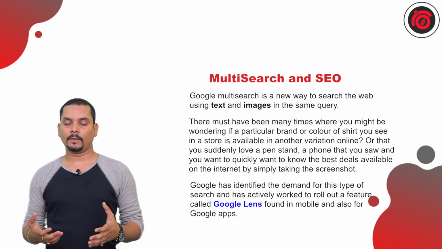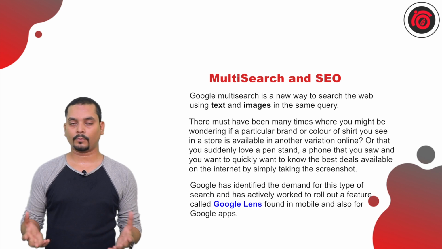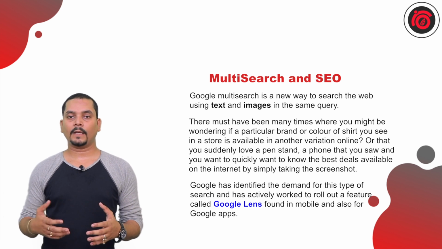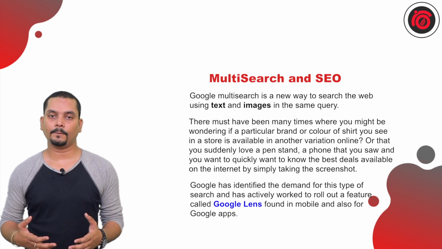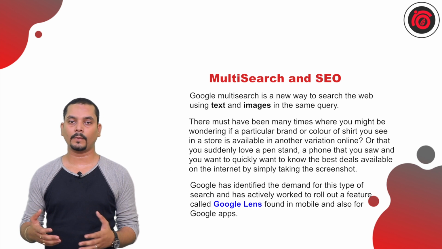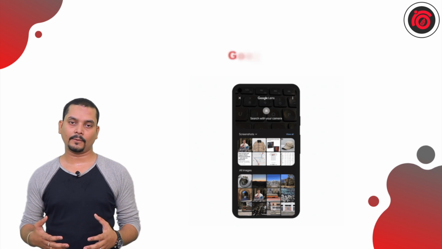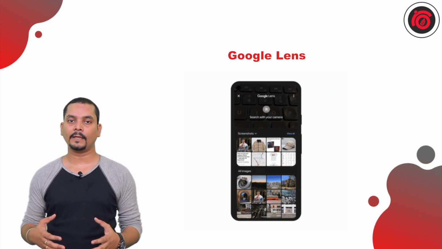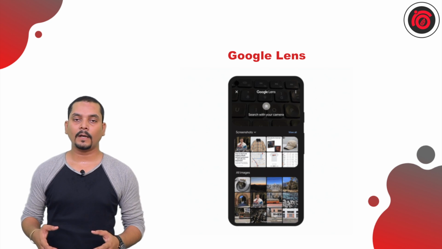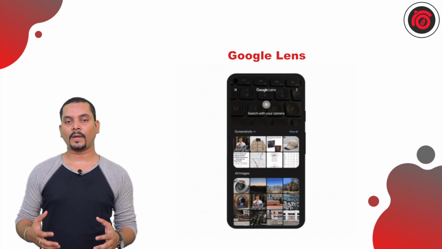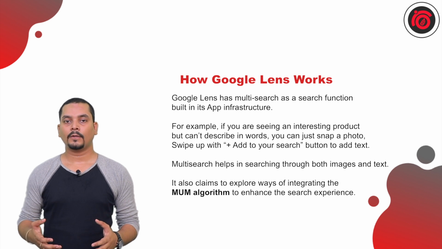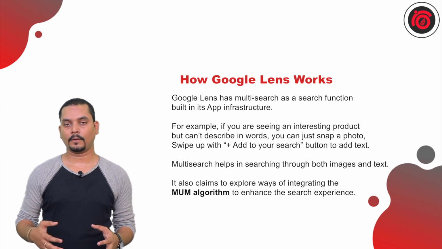If we have a smartphone or tablet or whatever we use in daily life, we can make a search with the Google Lens app as well. The smartphone actually comes with this feature inbuilt. Multi-search also comprises the MUM algorithm methodology, where you can put all these things together.